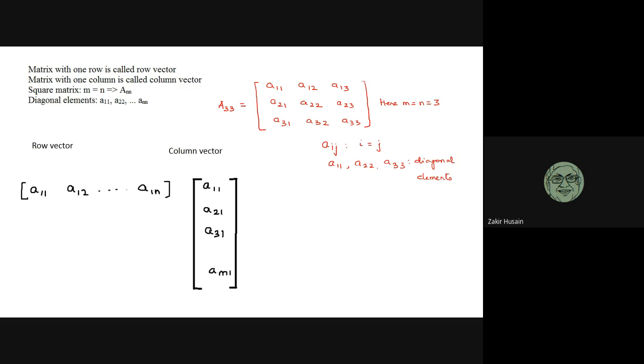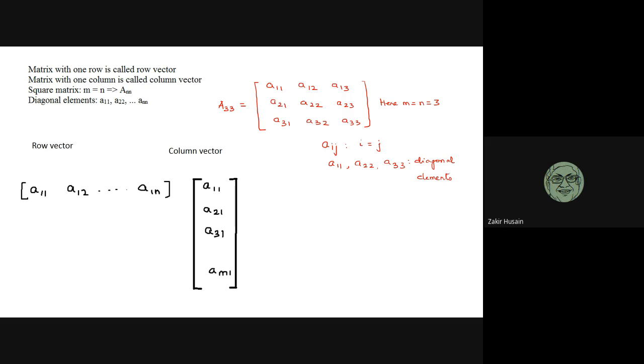It's not necessary to have m into n. We can have just one row, in which case it is called a row vector. So you can see it has got n columns, but only one row. Or we can have a column vector, in which case we have m rows but only one column.